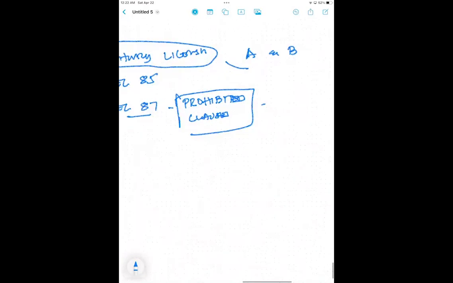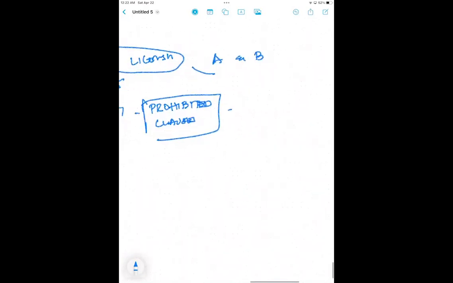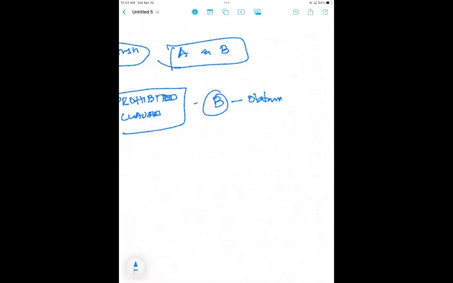One example is, let's say, A and B concluded a voluntary licensing agreement, and part of the license contract is for B to obtain the raw materials from a specific supplier. Then this is a prohibited clause.